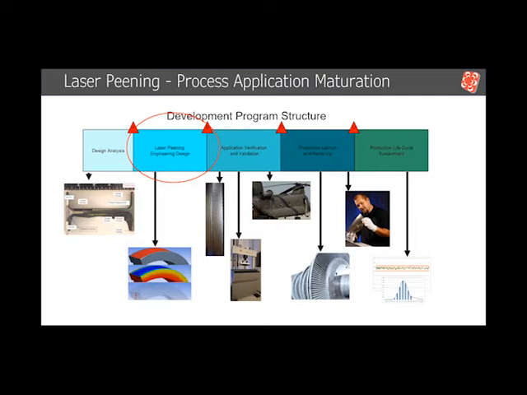The process about application verification, which is in the middle box, is something that I won't really touch on because that part has been in play since the beginning. When they started doing, for example, the F101 blade, there were a lot of tests run, component fatigue tests, to validate the benefit of residual stresses.